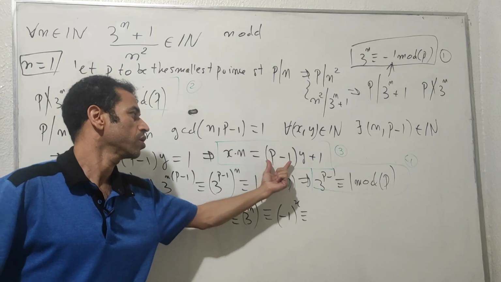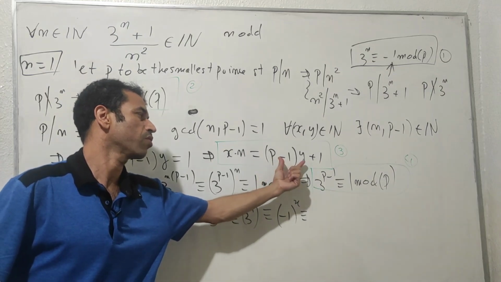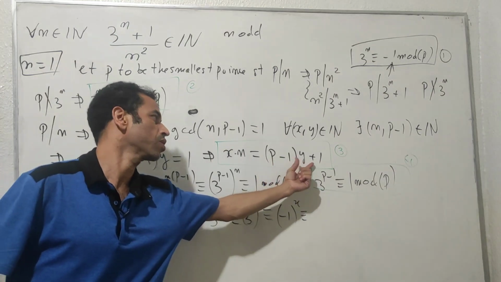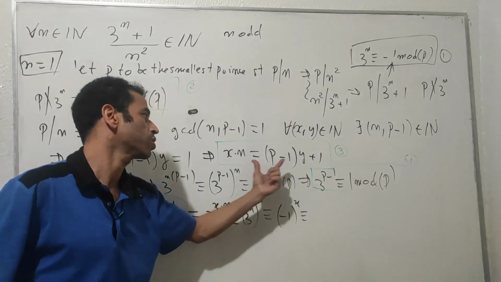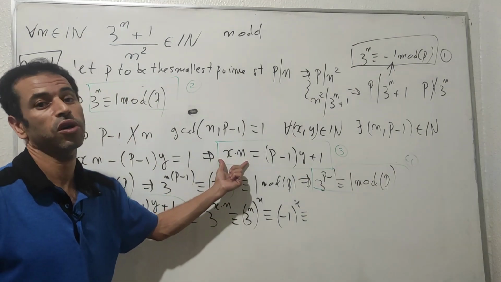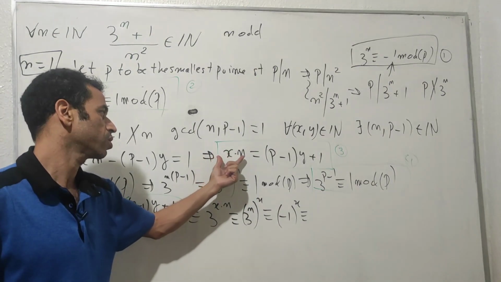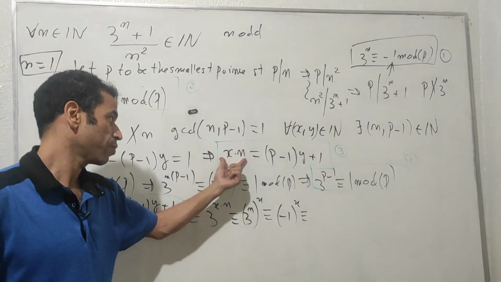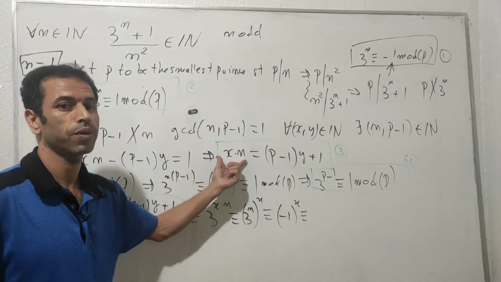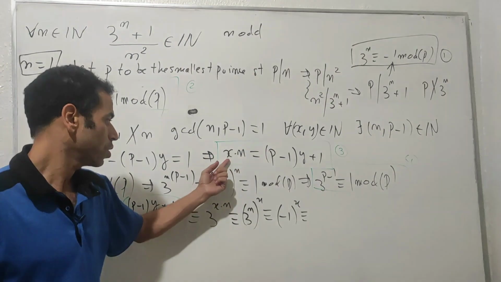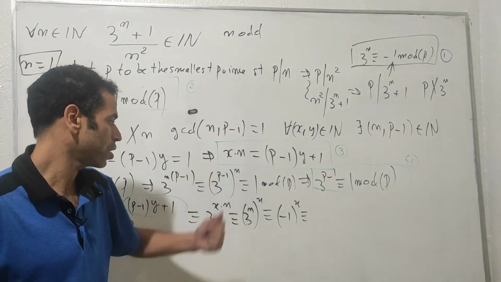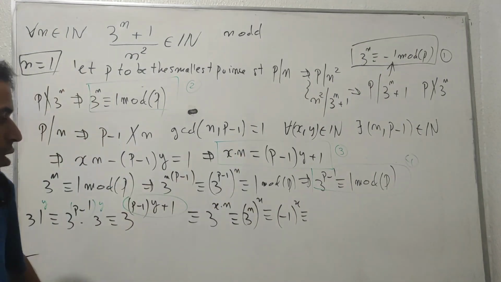Okay, even multiplied by something always gives you even. Plus 1 is going to give us odd, which means the left hand side of this equation is also odd. Okay, so since we have a product here, odd multiplied by odd is going to give us odd, which means x must be odd and y is odd.